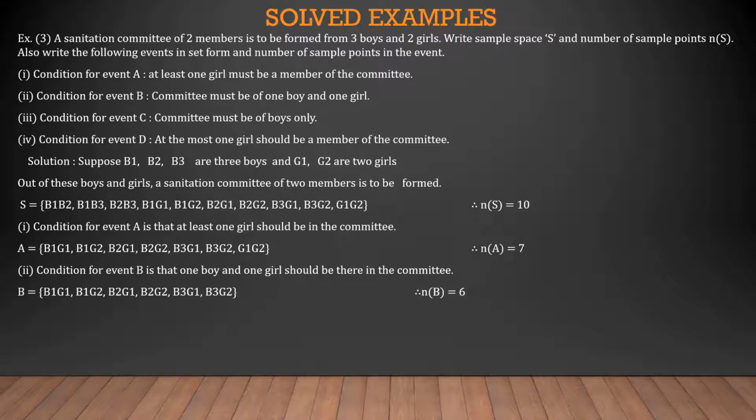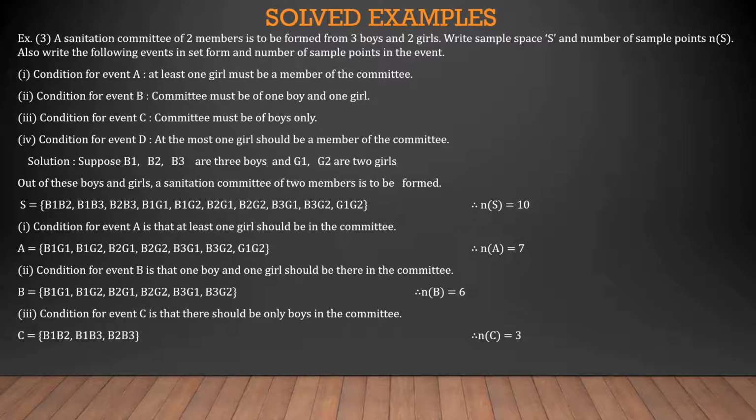Third is the condition for event C: there should be only boys in the committee. So C = {B1B2, B1B3, B2B3}. So n(C) = 3, that is, the number of sample points in event C is 3.